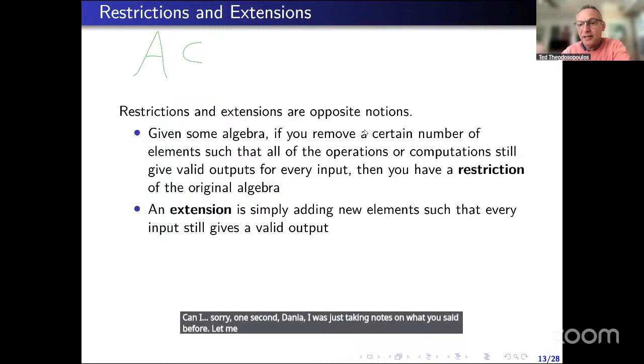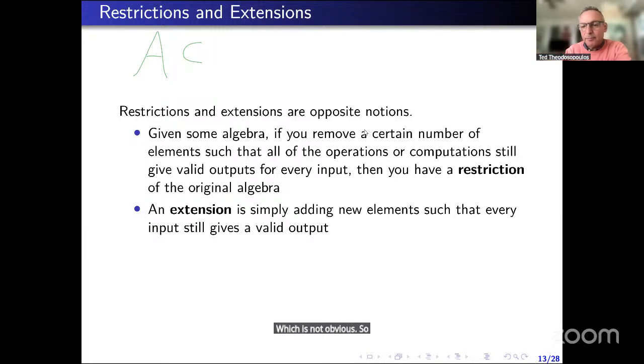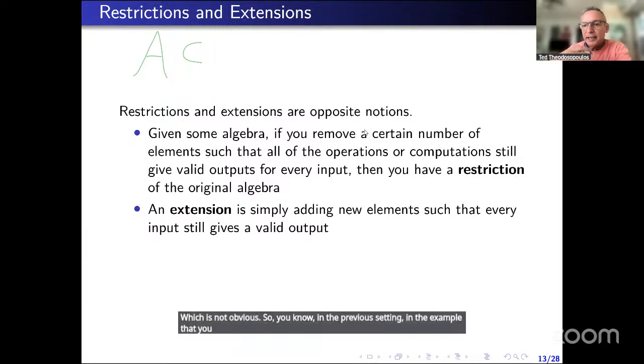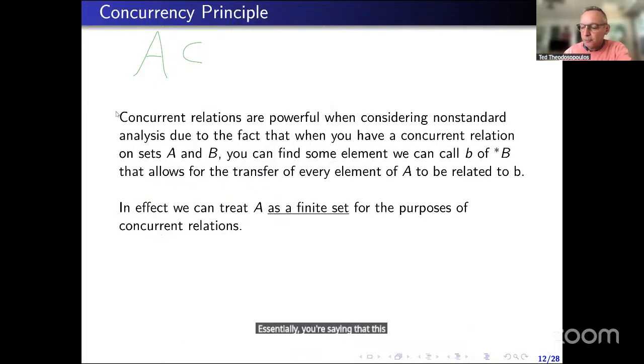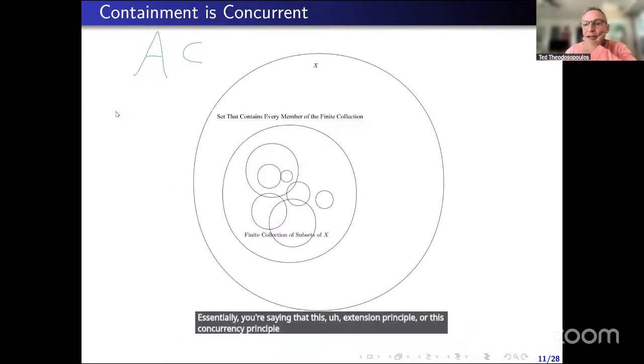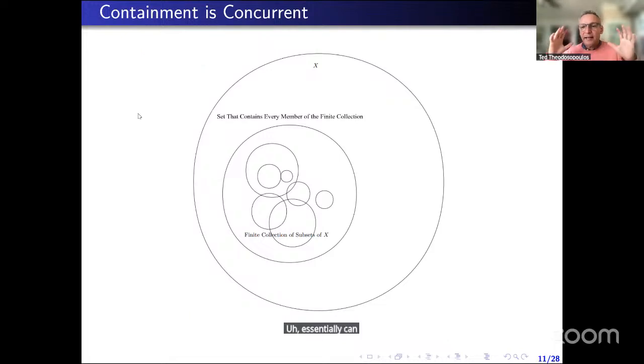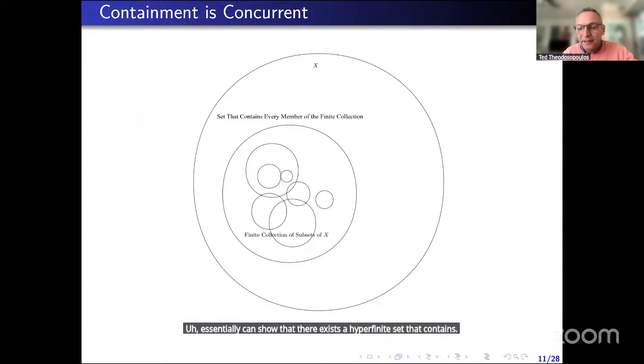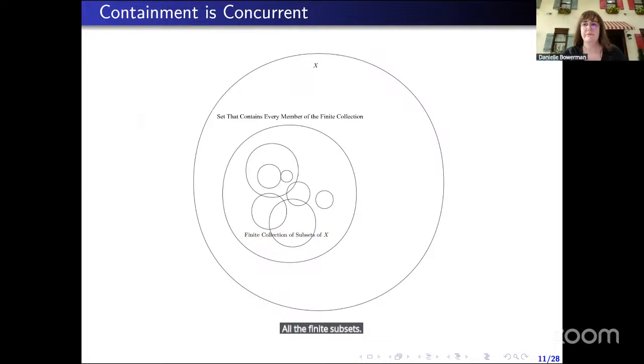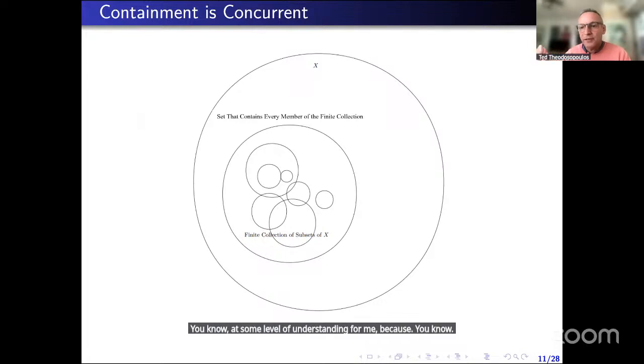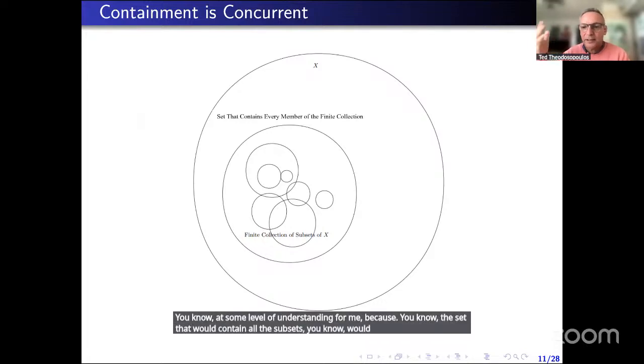Let me just rephrase it to say why I think it's important, which is not obvious. In the previous setting, in the example that you were showing, essentially this concurrency principle can show that there exists a hyperfinite set that contains all the finite subsets, which means that it contains the whole set. Which is non-trivial, because the set that would contain all the subsets would be non-standard, but not necessarily hyperfinite.